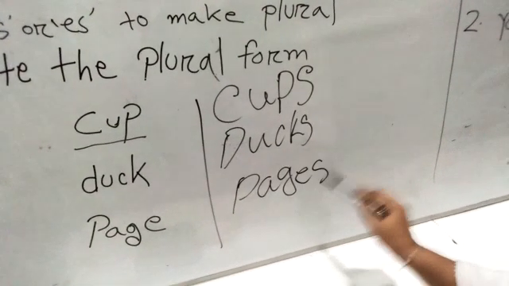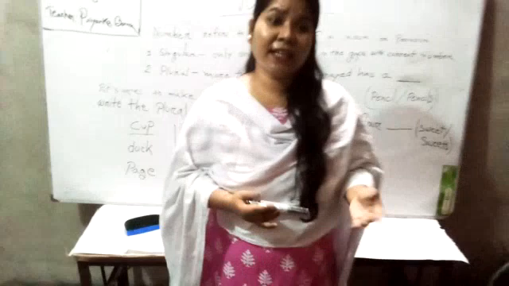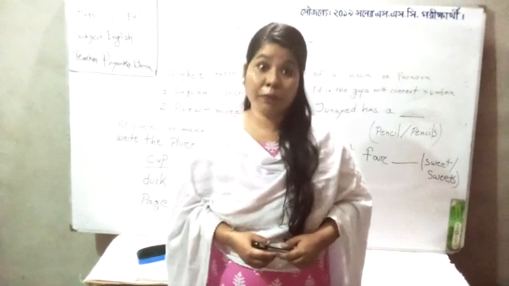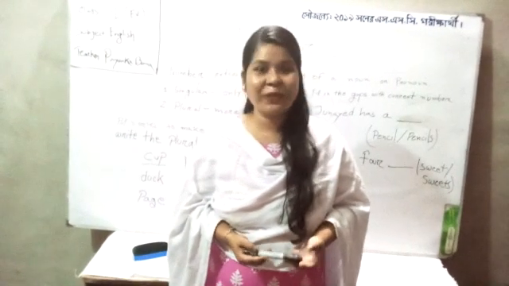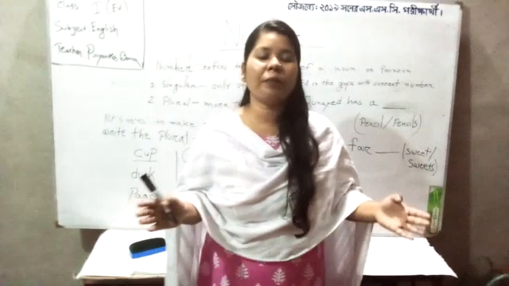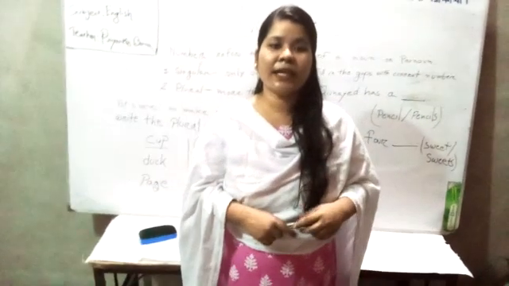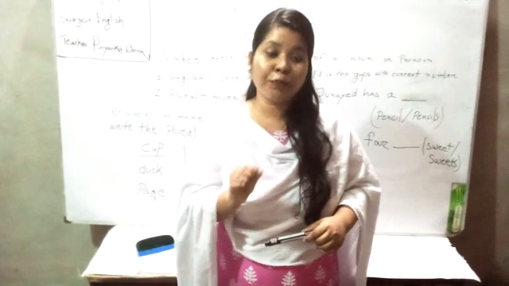Okay, now similarly glass will be glasses, chick will be chicks, flower will be flowers, shop will be shops, pencil will be pencils, pen will be pens. There are actually a lot of nouns, and the nouns are already given in your book, and they are of course in plural form. So you have to just remember to put s or es.